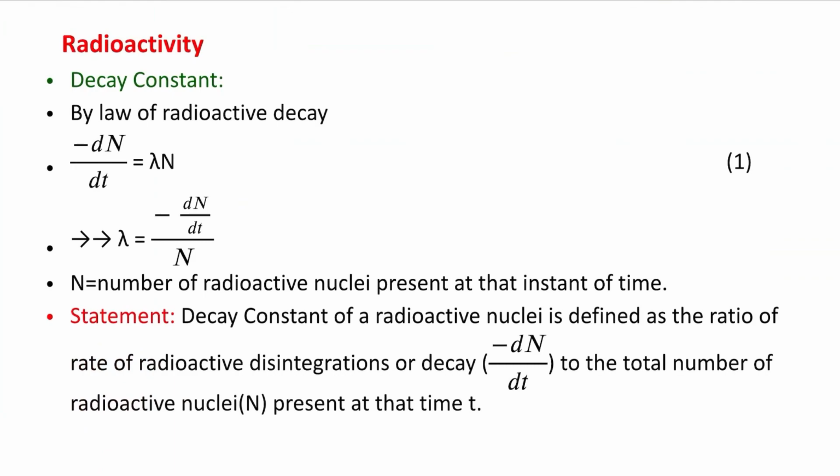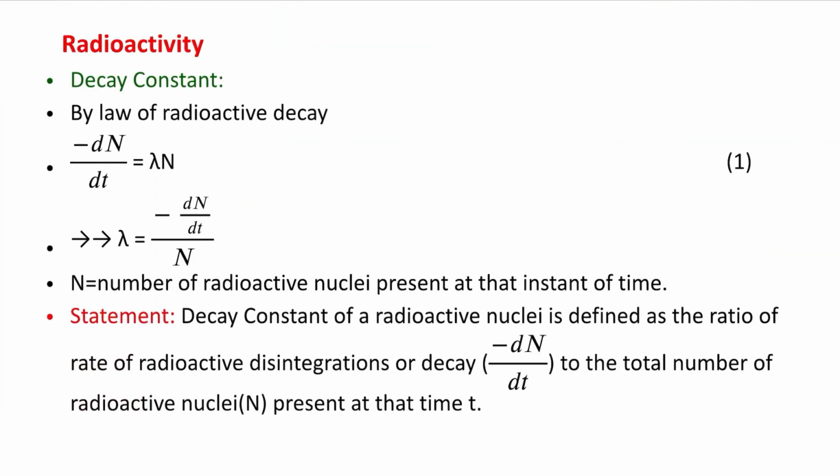The decay constant of a radioactive nuclei is defined as the ratio of rate of radioactive disintegrations or decay, which is denoted by minus dN upon dt, to the total number of radioactive nuclei, capital N, present at a given instant of time t.